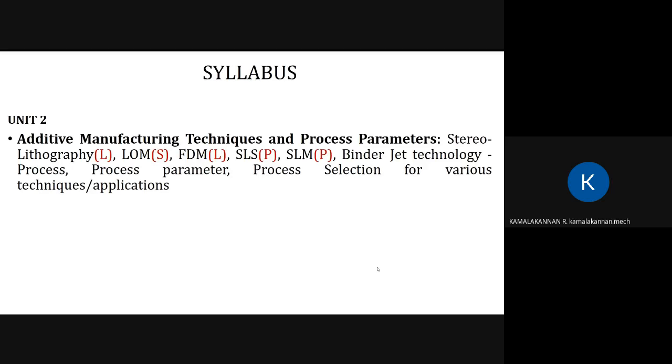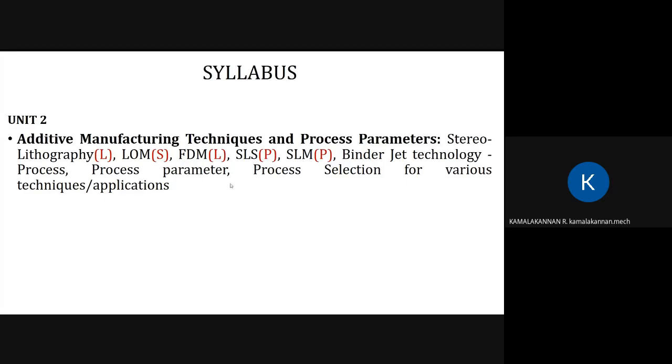It is necessary to show you the syllabus often, or else you will forget what you have in your syllabus. That is why I'm showing the syllabus often in our class. In unit 2 we have completed stereolithography, LOM, FDM, SLS, SLM. I'm not abbreviating to the full form; I think you know it well.